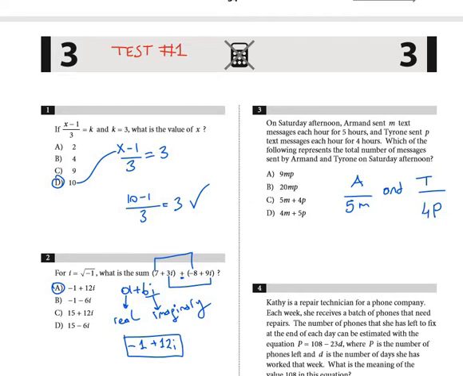Which of the following represents the total number of messages sent by Armand and Tyron on Saturday afternoon? Here we're going to do addition because we want the total number of messages. The messages Armand sent is 5m and Tyron sent 4p, so it's going to be 5m plus 4p, which is going to be C.